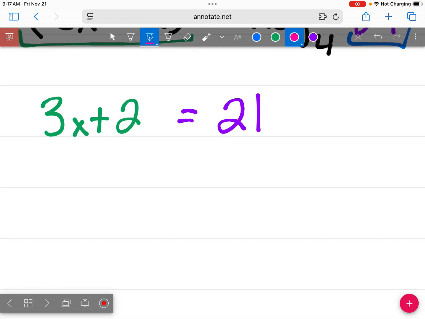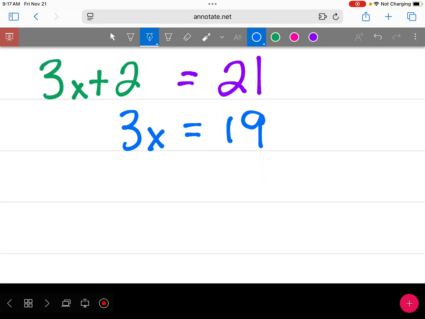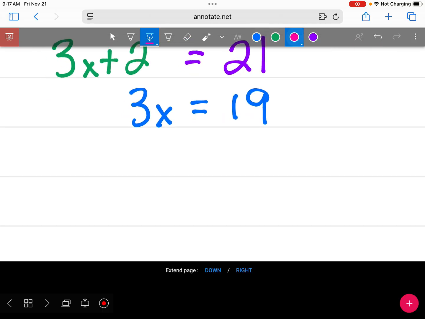So how do we solve this? Minus 2 from both sides. So 3x equals 19. Divide by 3. What's our solution? 19 thirds, or 19 over 3. 6 and a third, if you're really into mixed numbers.